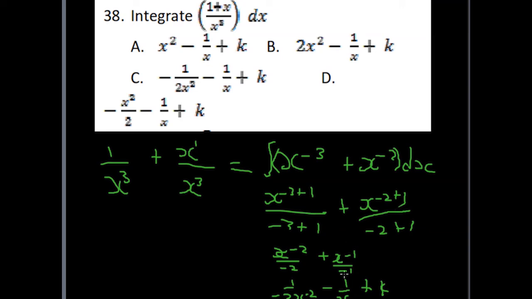Okay, we have minus 1 by 2 x raised to minus 2, minus 1 by x plus k, which makes the correct answer option A.